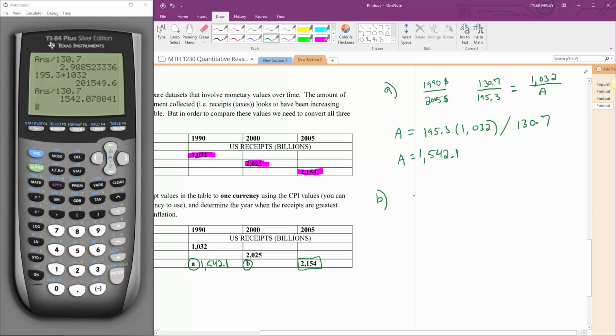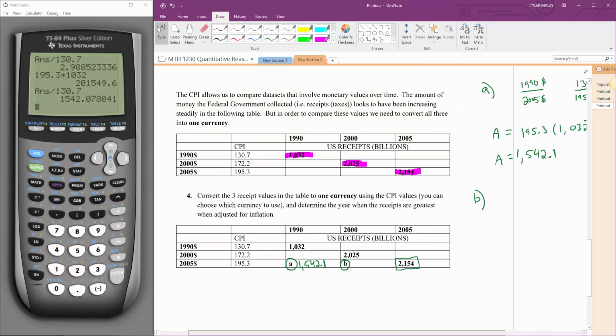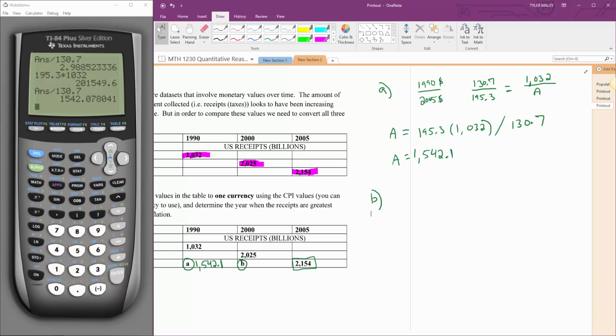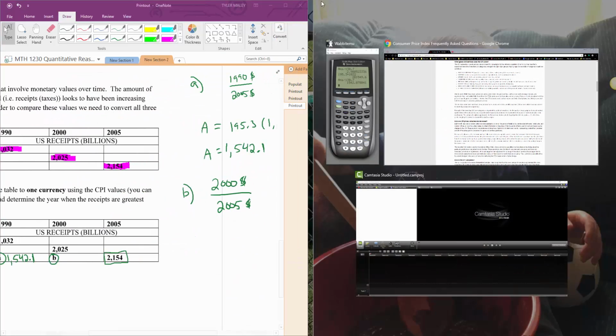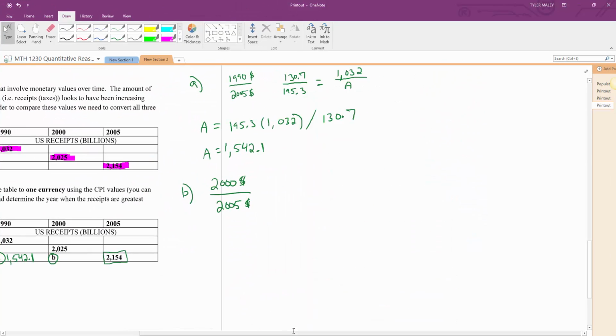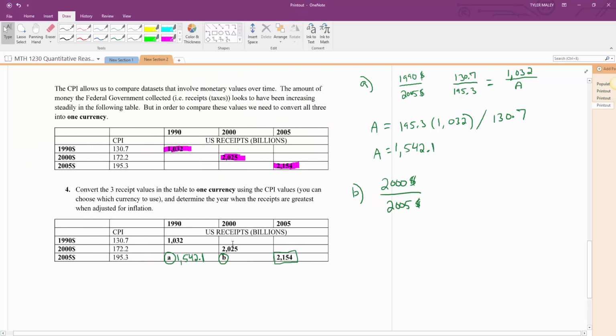For part B we would want to do something similar. We want to take the $2000 and convert it into $2005. In 2000, the CPI was 172.2.